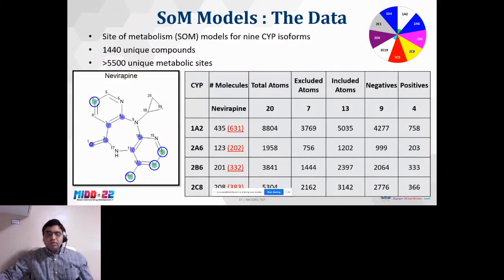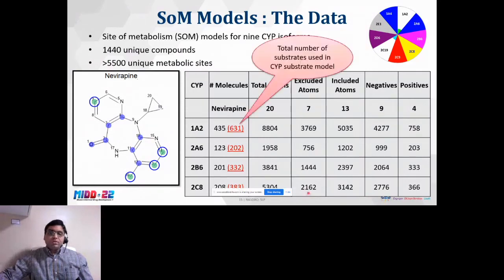Another important aspect I want to mention is this number in parentheses. It represents the total number of substrates we had used in our CYP substrate model. If you recall my previous discussion, there were a few compounds which are reported to show just disappearance of the compound while treated with this enzyme. Those compounds are not included in this data set.